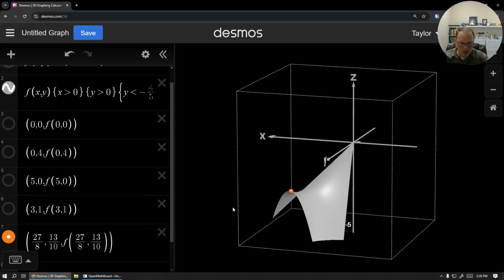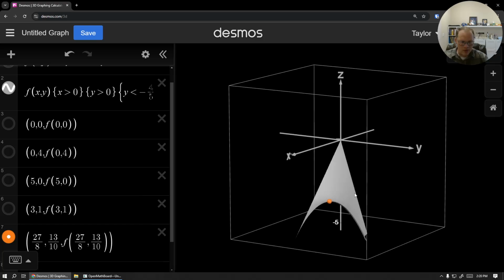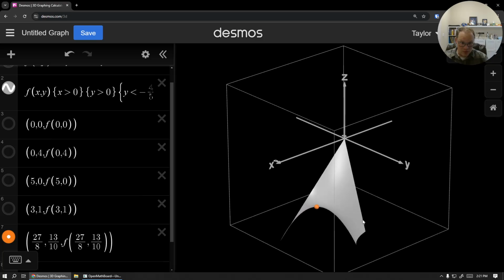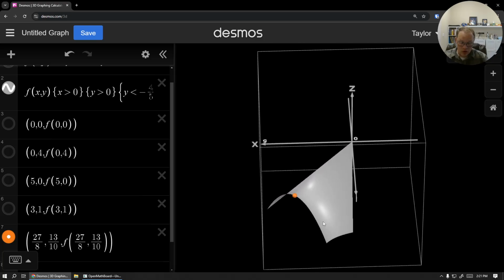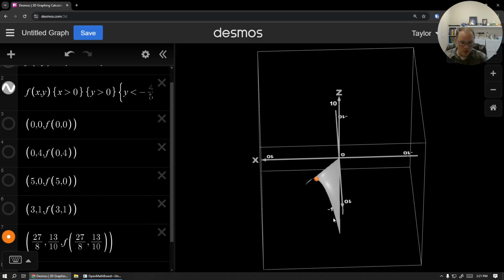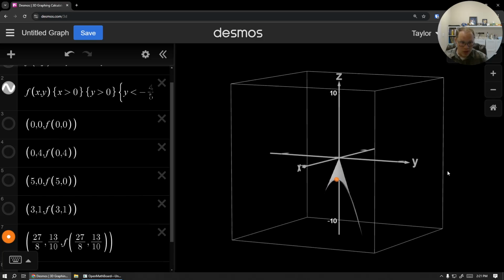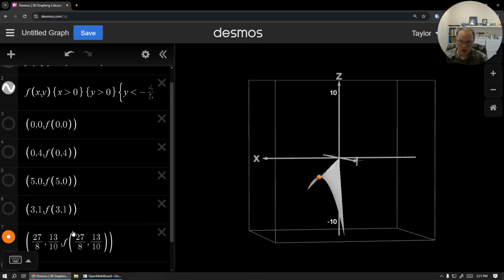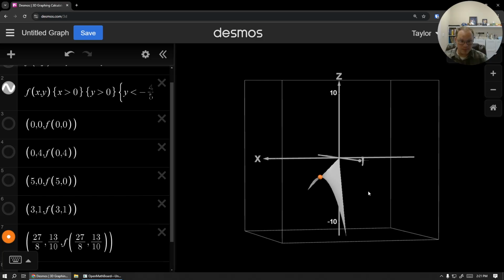And it is right on the boundary, and you can see that along the boundary, it is a local maximum, even though it is neither an absolute maximum nor an absolute minimum on the surface as a whole. So we were right to include it as a critical point, but it ended up being neither our absolute maximum nor absolute minimum. Okay?